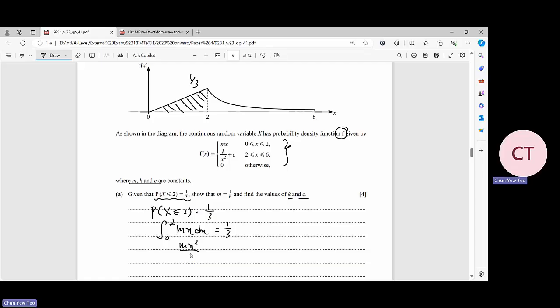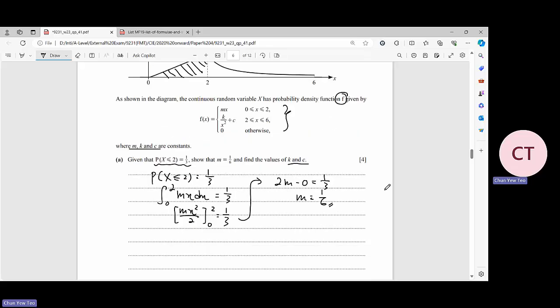You get mx squared over 2 from 0 to 2. I continue and get 2m minus 0 equals 1/3, and your m is equal to 1/6. So this is how you show that m is equal to 1/6.